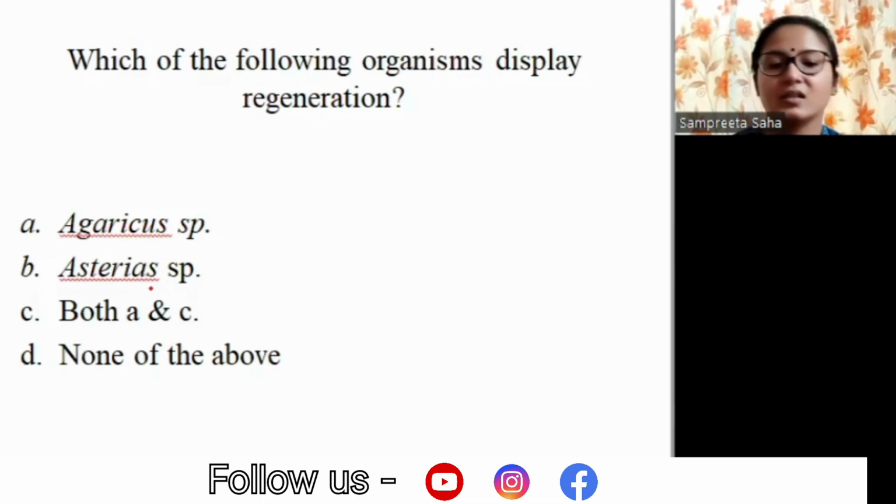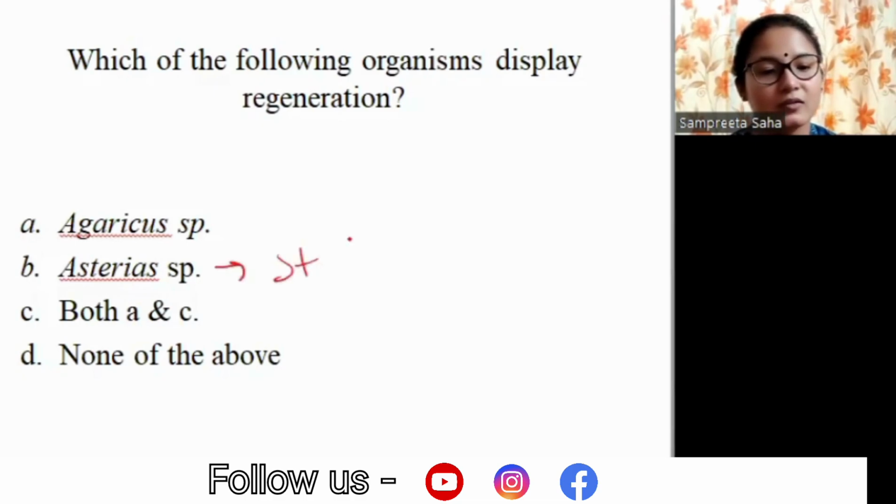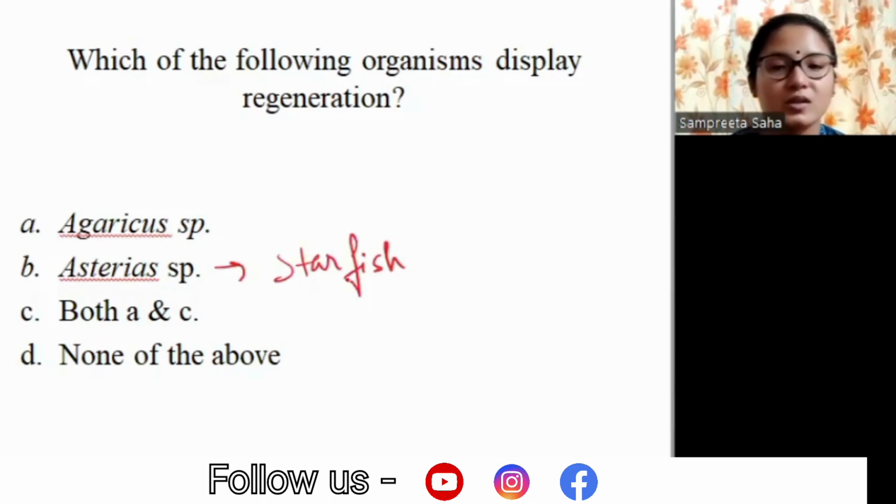Next is Asterias. Now Asterias is the scientific name of starfish. So starfish, we have seen it as an example of regeneration. From one arm of the starfish, an entire organism can be formed. So yes, the correct option is option B, Asterias.